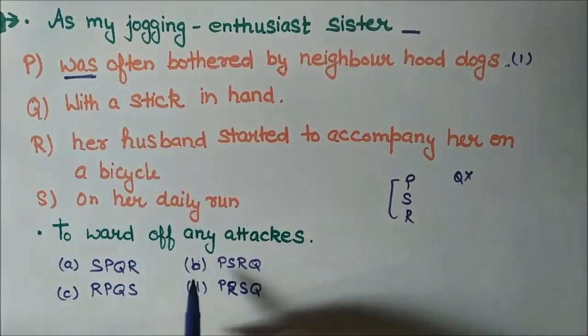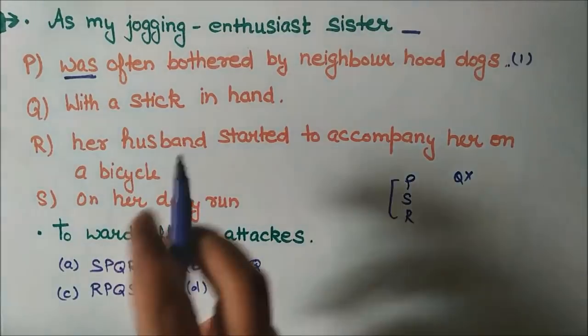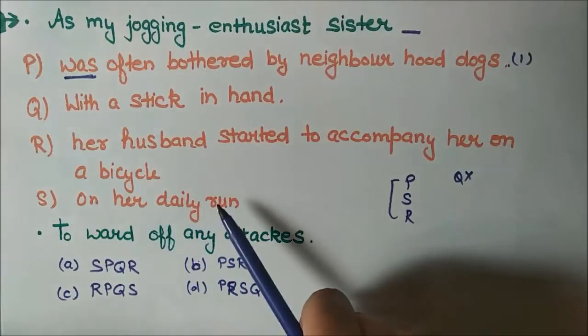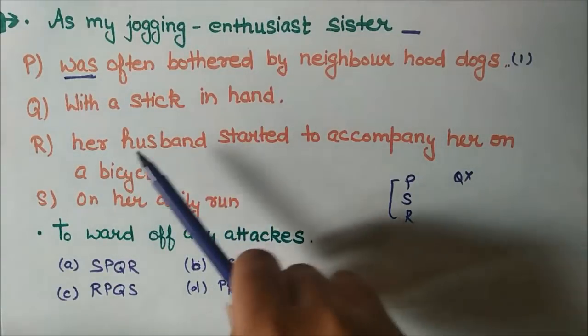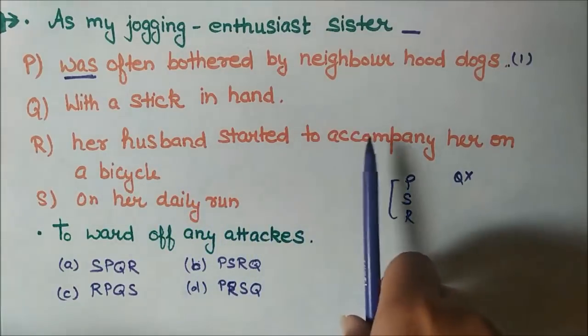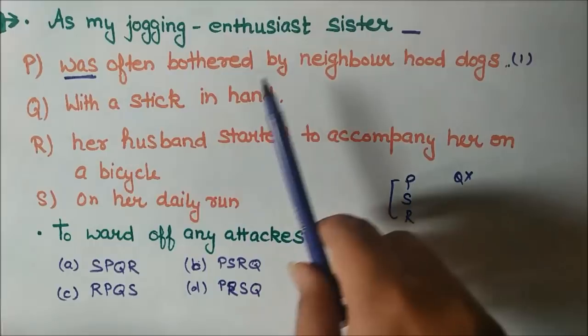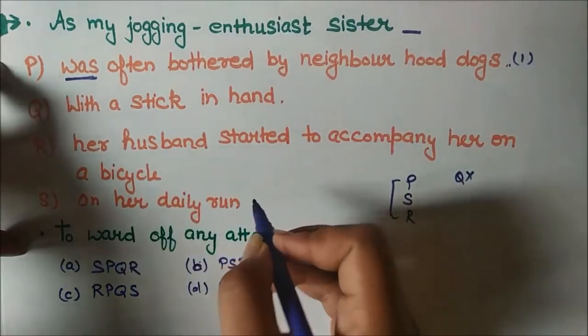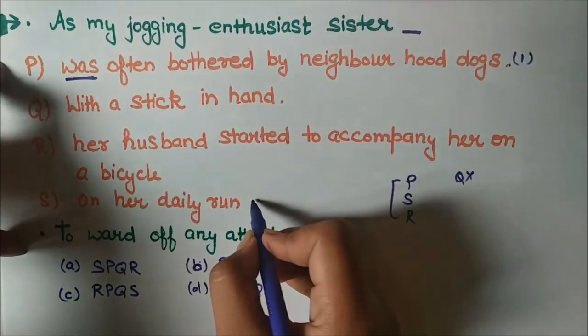Okay, now let us see this. P, S: "was often bothered by neighborhood dogs on her daily run," and then go with R: "her husband started to accompany her on a bicycle," then comes "with a stick in hand." So I think yes, this is the appropriate one.